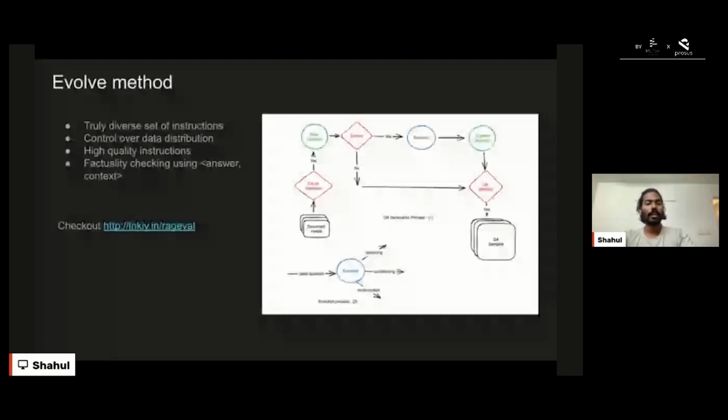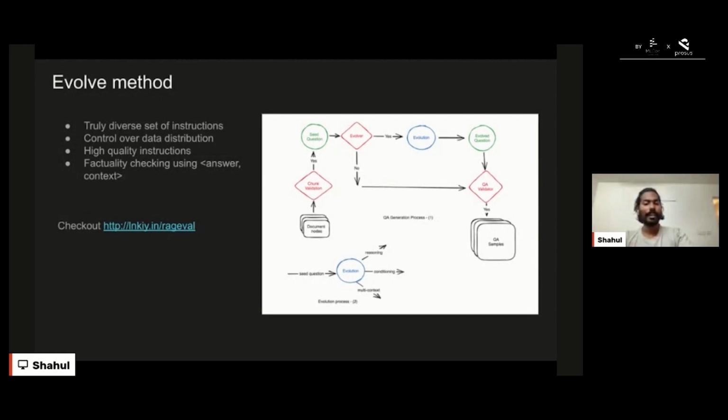For example, there can be different types of instructions: instructions which involve complex reasoning, instructions which involve a complex conditioning operation, or instructions that involve multiple contexts that are required to answer correctly.